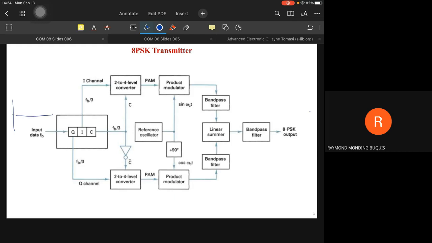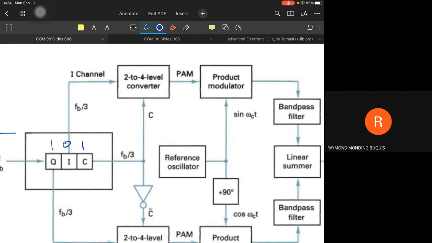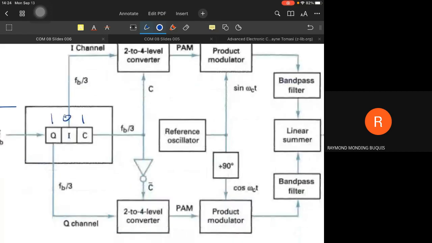So if example natay given nga bit stream 101101, no? So mukuha siya tuluan na dala 101. So si I, which is in this particular example 0, so 0 na siya diha, and Q in this example is 1, so 1 diha. Okay.